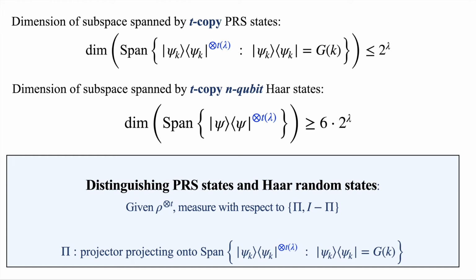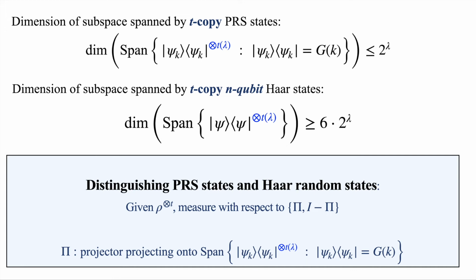Whereas if the distinguisher is given t copies of the Haar-random state, then it's going to succeed with probability at most 1/6. So there is a gap between the probability that the distinguisher outputs 1 when given PRS versus Haar-random. Thus we were able to violate the pseudorandomness property.